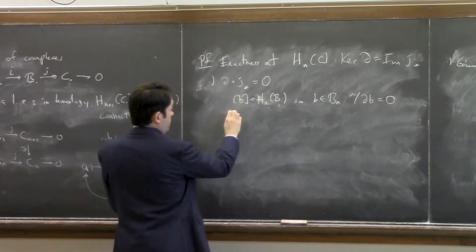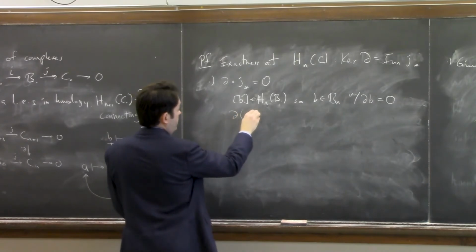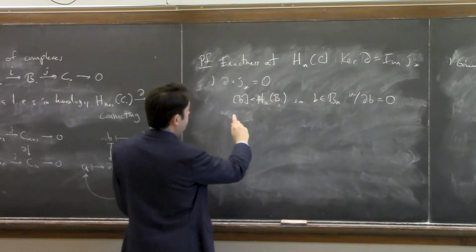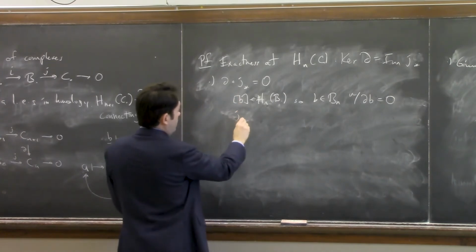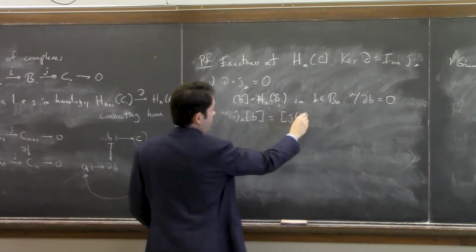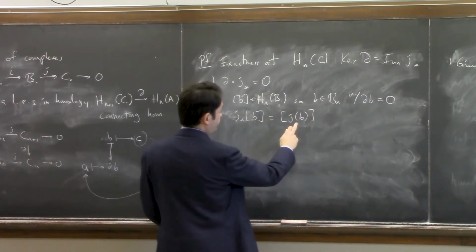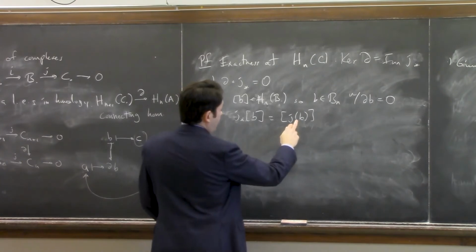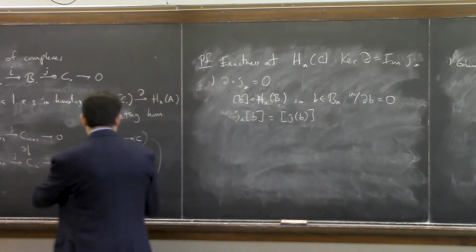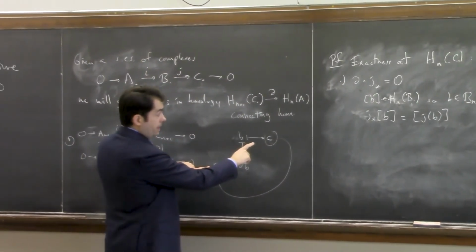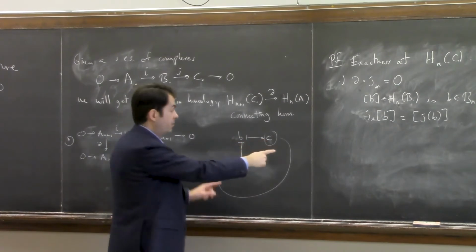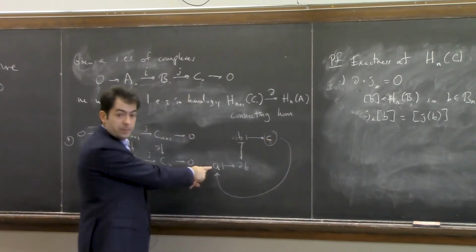So if you do boundary of J, okay, I want the connecting map. So J star of B is equal to the class of J of B. And I want to hit that with a connecting map and get 0. So I have my element C, which in this case is J of B, and I'm going to hit it with the connecting homomorphism, right?